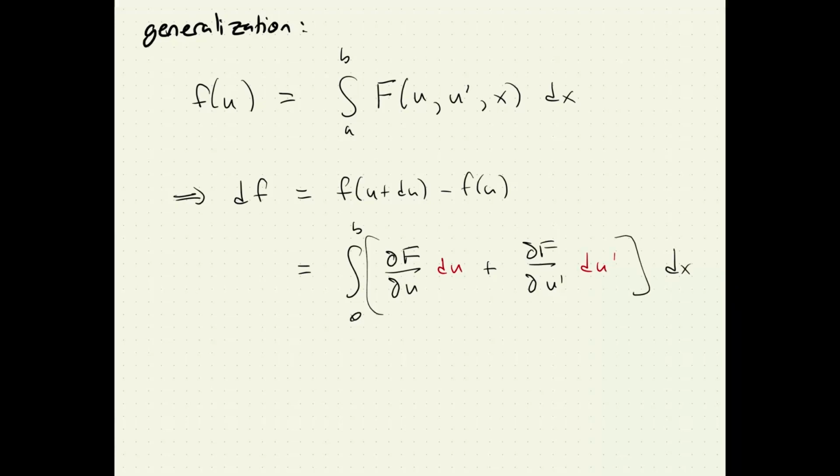And this sometimes confuses people. It's like, how can I take the derivative with respect to u, keeping u prime fixed, because obviously u and u prime are related. It really means the derivative of f with respect to the first argument. This is the derivative of f with respect to the second argument. And then you plug in u and u prime afterwards.